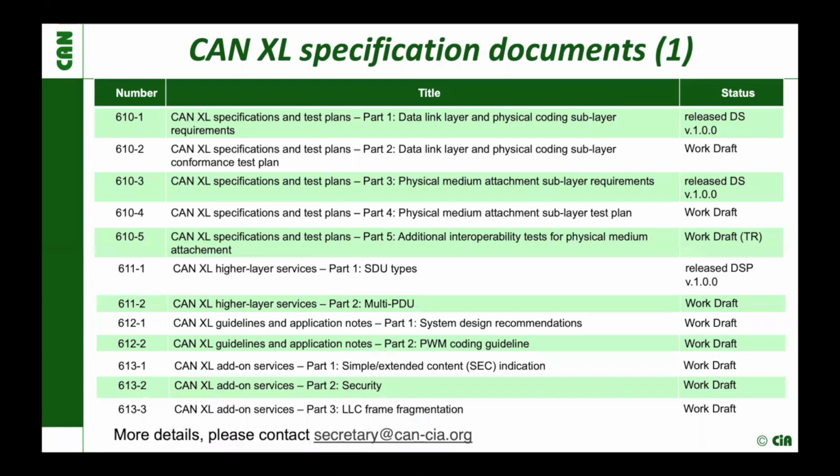Inside the SIG CAN-XL and the task forces, the ecosystem of CAN-XL is developed. This slide shows the CAN-XL related specifications and documents. The SIG CAN-XL and the task forces have worked very intensely in the last years. We now have 6 document series and 17 documents.